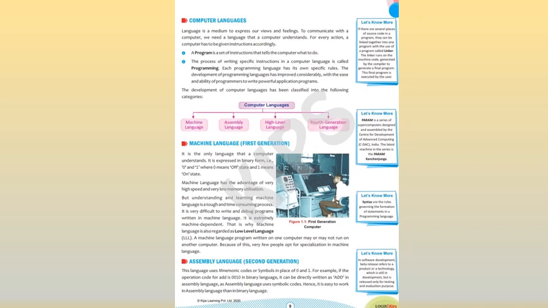But it is a very difficult and time consuming process for human beings, because we are not machines. It is difficult for human beings to understand everything in the form of 0 and 1. So it is also called the low level language. A machine language or low level language written on one computer may or may not run on another computer.